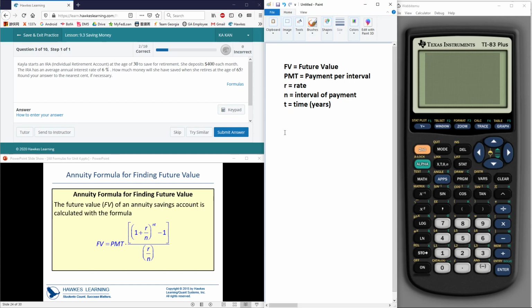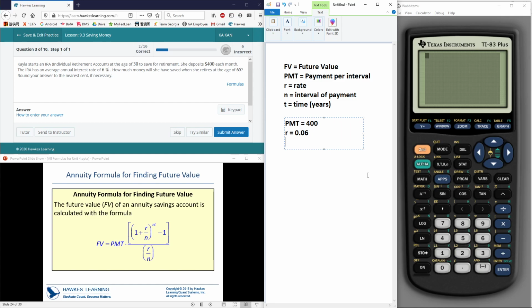What this says is, we know that the payment is going to be $400, and we know the interest rate is 0.06. That's how much you gain in interest for this particular IRA. 6% is actually pretty fair. Usually it's 4%, sometimes 9%. Currently, the market's taking a step down.